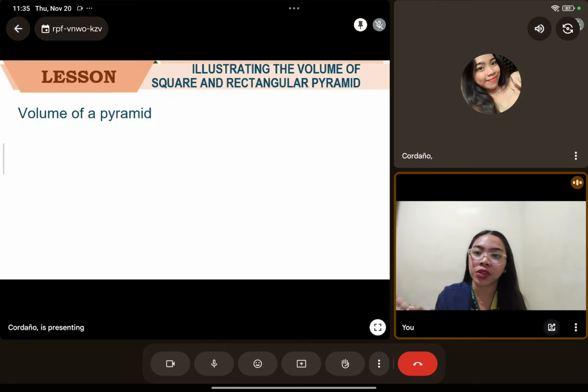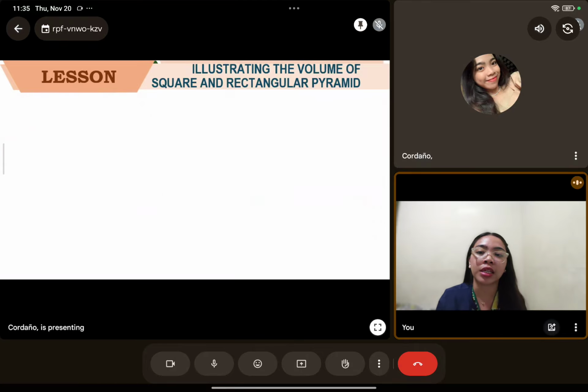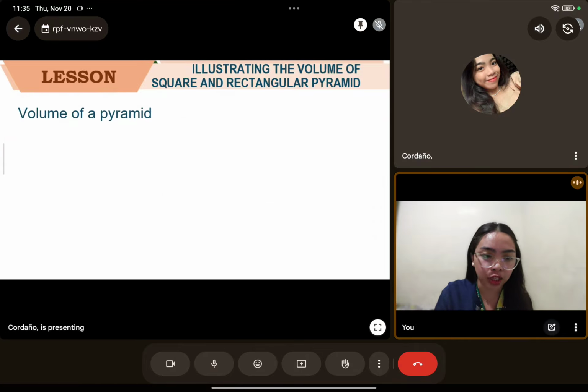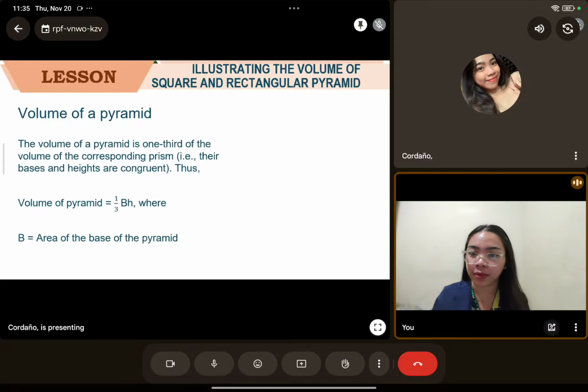So, yung kanina, as you can see, sa Great Pyramid, given na yung base and yung height. So, we can now answer the fourth question which asks if we can compute the volume of the pyramid. Yes, we can compute the volume of a pyramid kasi given po sa atin yung base and the measurement ng height.